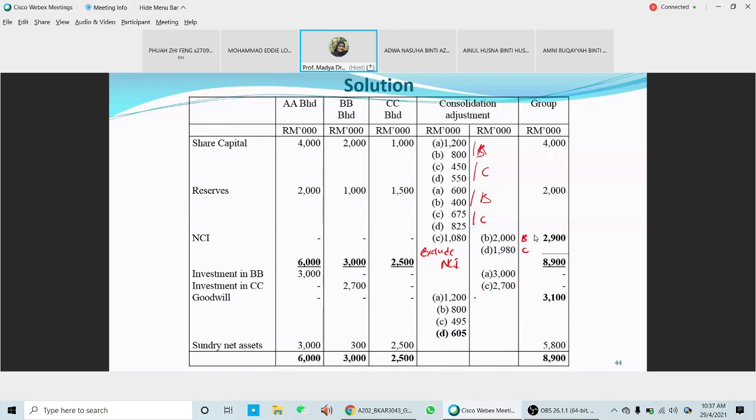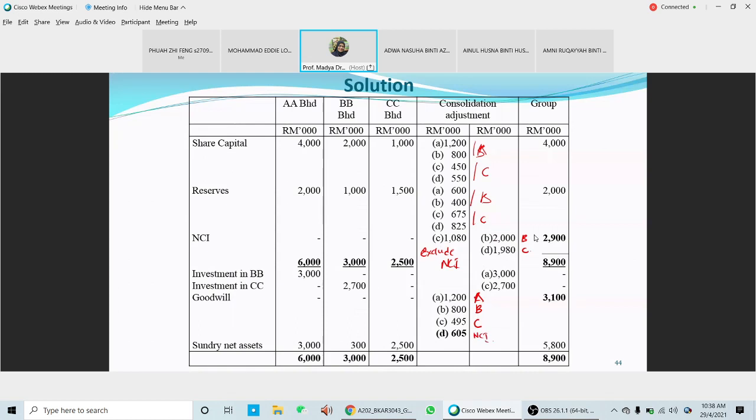So goodwill here is by the parents, the ultimate parent A. This one is in B, and then this one is a portion in C. What do you have for 605 here? 605 here is the NCI goodwill. So at the end we have 5.8.